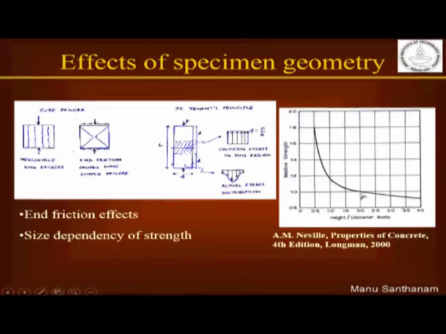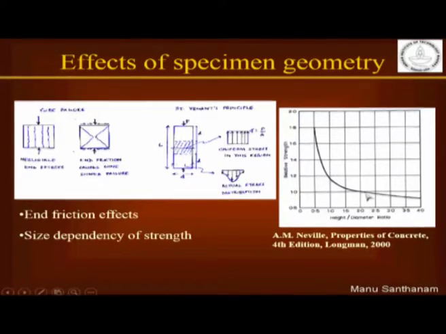So this is L by D of 2 where the relative strength is 1, that means your 100% strength at L by D of 2. If you increase the L by D to 2.5, 3, 3.5 and 4, you see a gradual reduction in your strength, and that is because you have a greater amount of zone where true compression is actually acting.